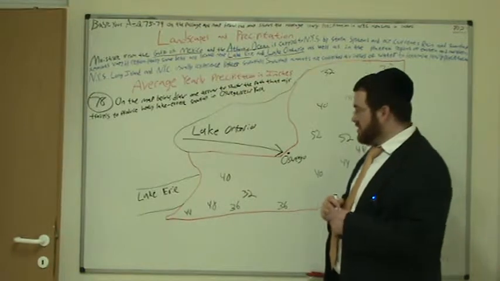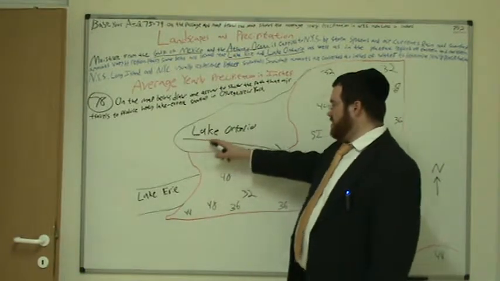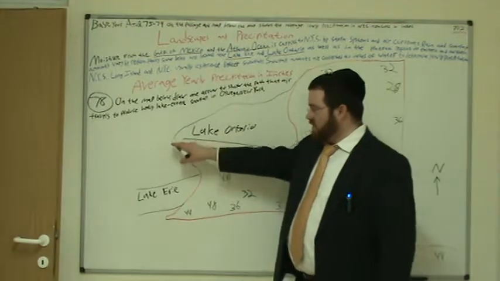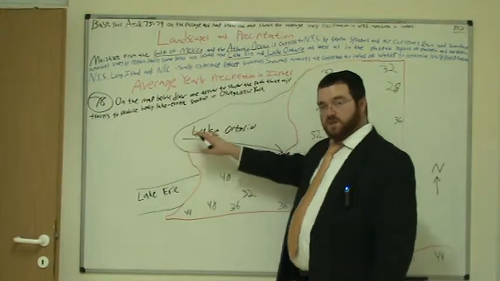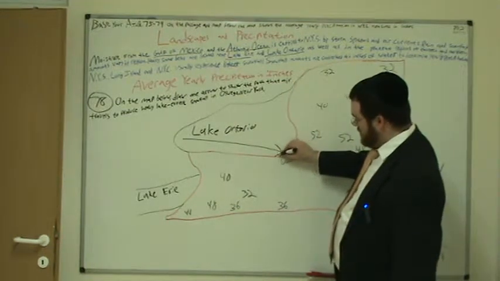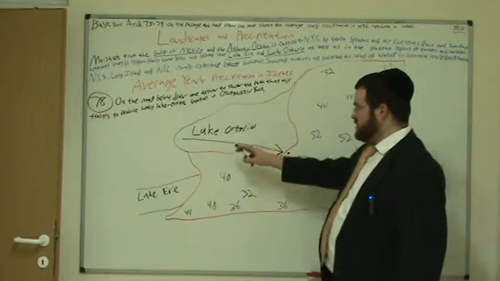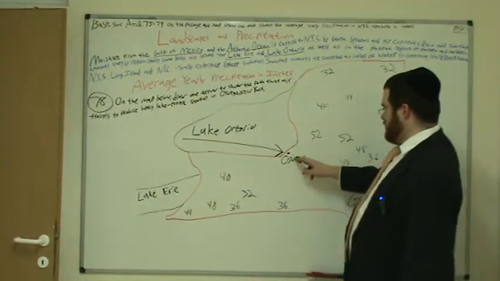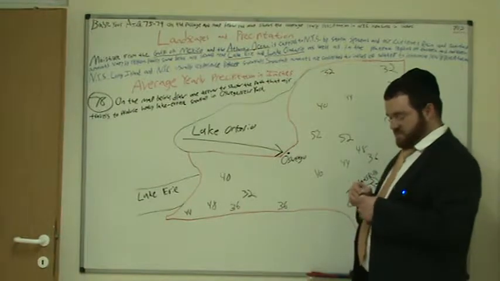So what you would do is, I already made this arrow, you make an arrow going across Lake Ontario, going from west to east, and you just make it like I did. This is the arrow, the pointer, and this is your answer. You just make an arrow going through Lake Ontario, pointing at Oswego.